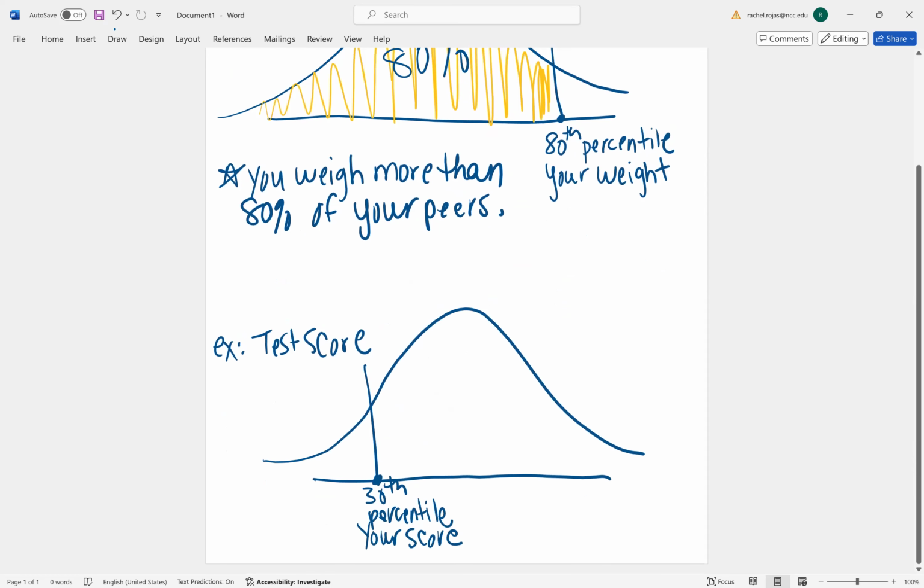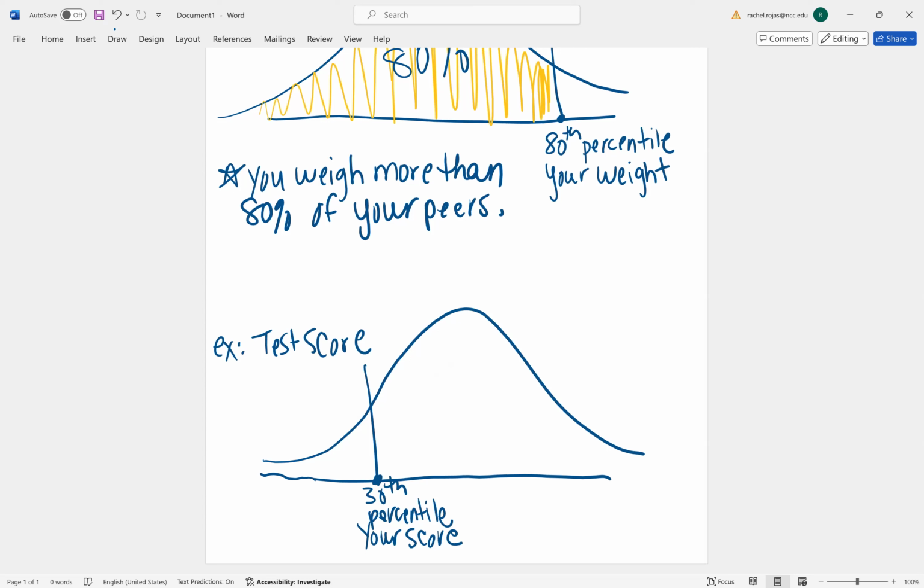Let's look at one more example. Test scores is another common one, right? Like when you guys take the SATs or any sort of standardized test, not only do you get your raw score, but you usually get your ranking too, your percentile rank. So let's say, for example, that your score was at the 30th percentile, like I have here on this bell-shaped distribution for test scores.